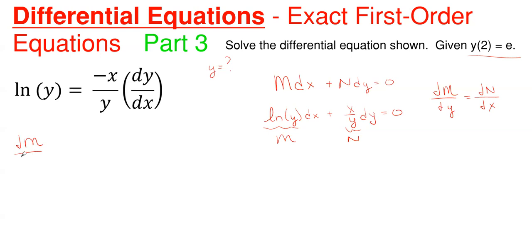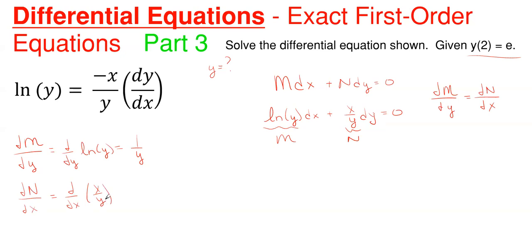So the partial derivative of M with respect to y, which would be the partial derivative with respect to y of the natural log of y, which is just saying it's the regular derivative of it, which is just 1 over y. Then we would have the partial derivative of N with respect to x, which is equal to the partial derivative with respect to x of x over y.